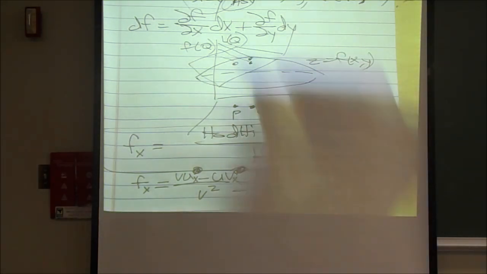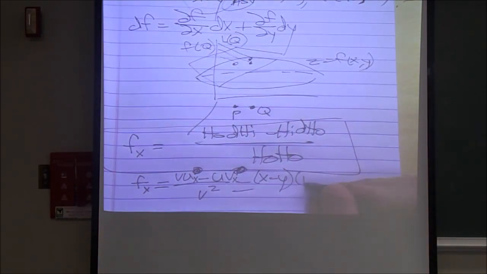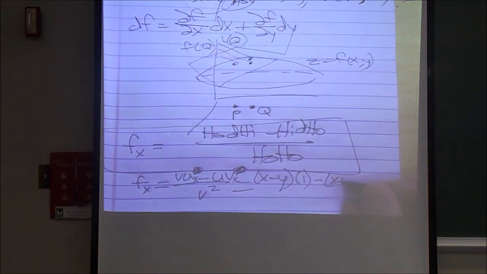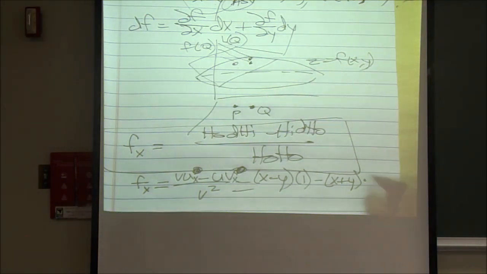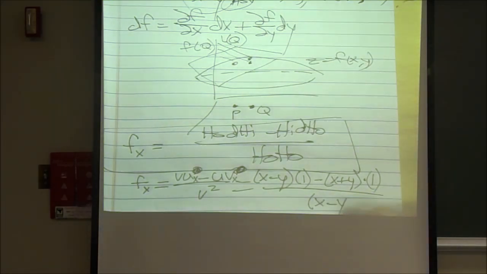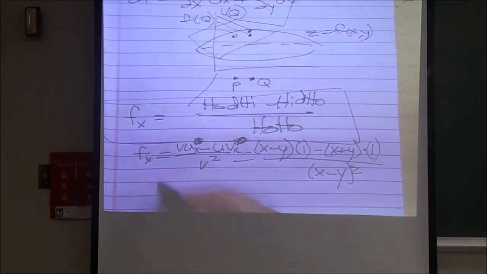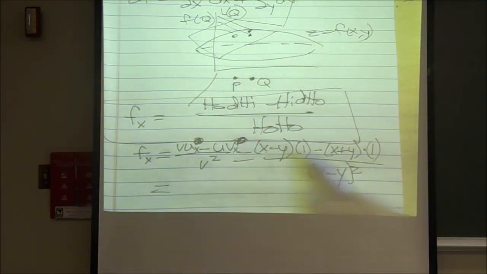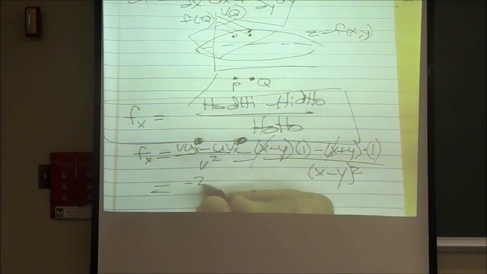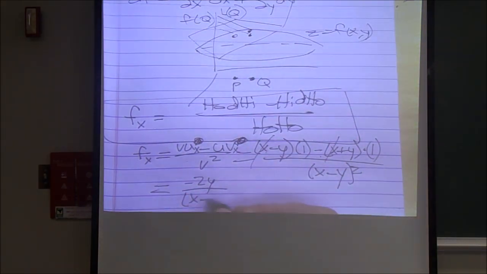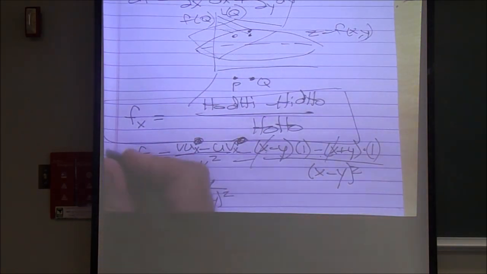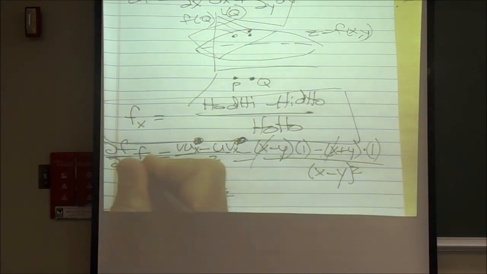V ux, let's see, ux is 1, minus u, which is x plus y, times vx, which is 1, all over v squared, x minus y squared. And there's the partial derivative with respect to x. We can simplify because we have x minus x here. These cancel. Minus y minus another y is minus 2y over x minus y squared. So there's fx, or we can call it df dx. The notations mean the same thing, recall.